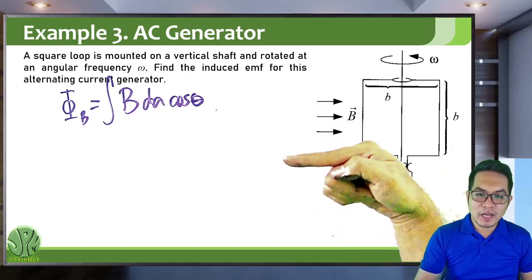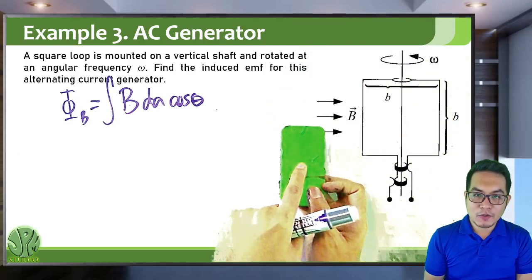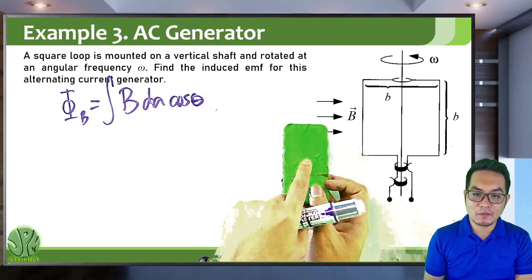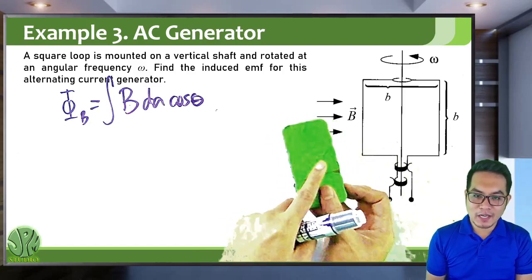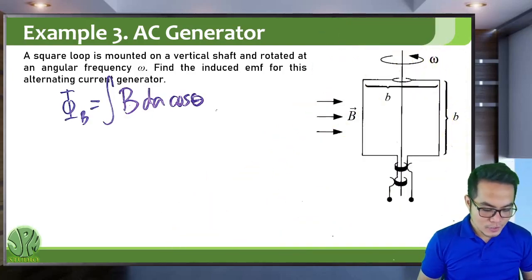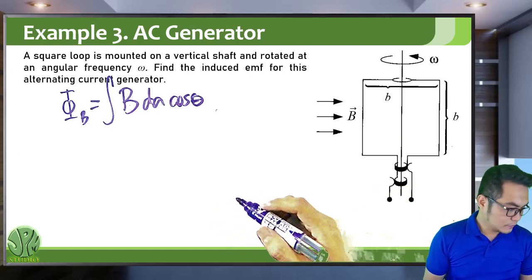Take note, the area vector is always perpendicular to the surface, in this case the area of the loop. So if the loop rotates, the area vector will also rotate. So theta is the one changing here.